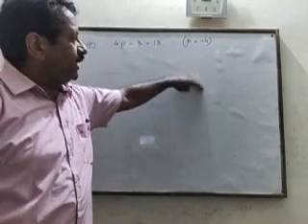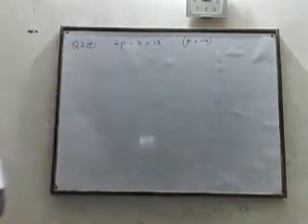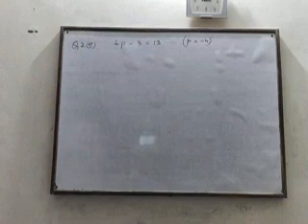So here at the place of p we need to put minus 4, and we will adopt the same procedure as we have done in the first part.